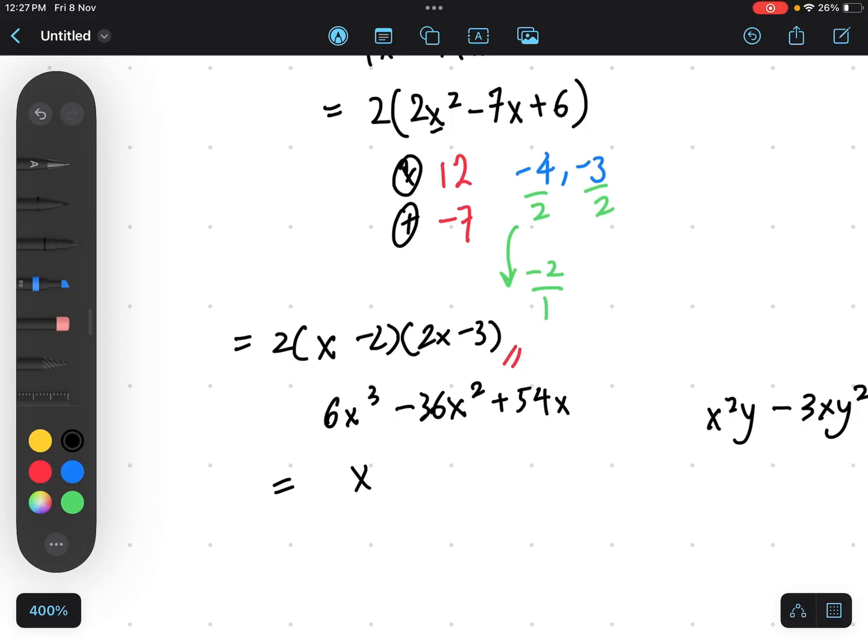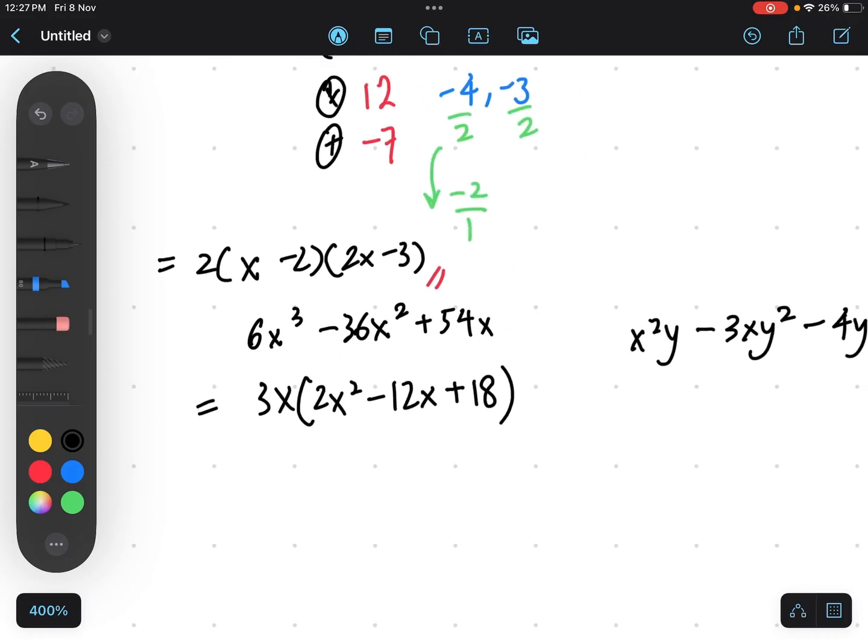They're divisible all by 3, right? They're divisible by 3. So we take out 3 as well. So 3x, and this is 2x squared. This is minus 12x plus 18. And here we realize, oh, we can actually take out another 2.